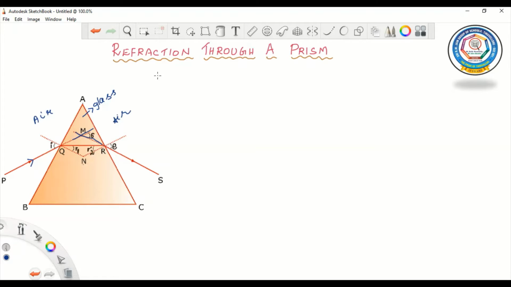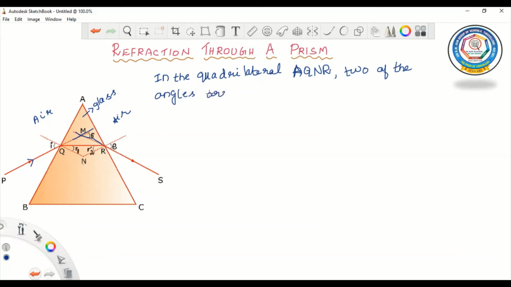So I'll write here, children, in the quadrilateral AQNR, two of the angles, that is at the vertices Q and R, are right angles.